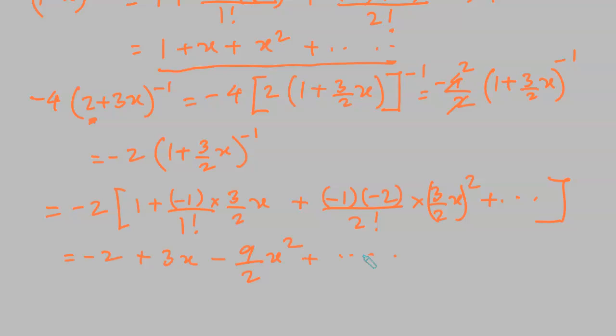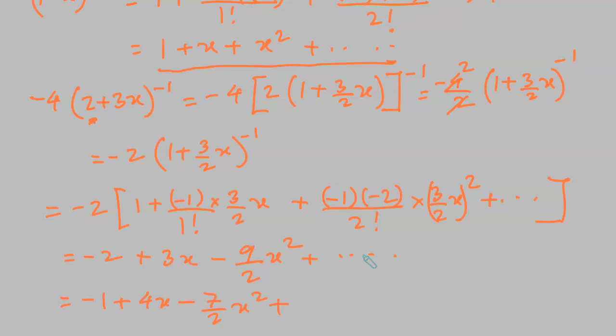We are interested in only the first 3 terms. And then we will be adding the terms. 1 minus 2 is equal to negative 1. 3x plus x is equal to positive 4x. And then it is negative 9 over 2, that is negative 4.5 x square plus x square. It is negative 3.5 x square, which is equal to negative 7 over 2 x square.